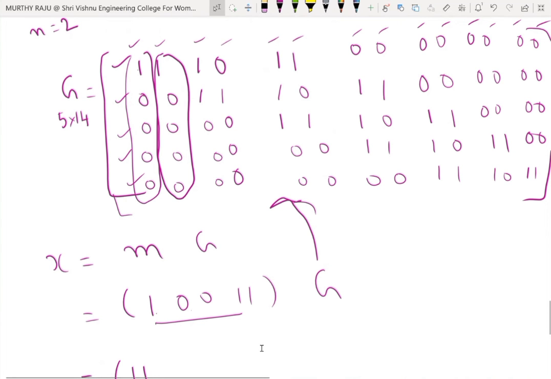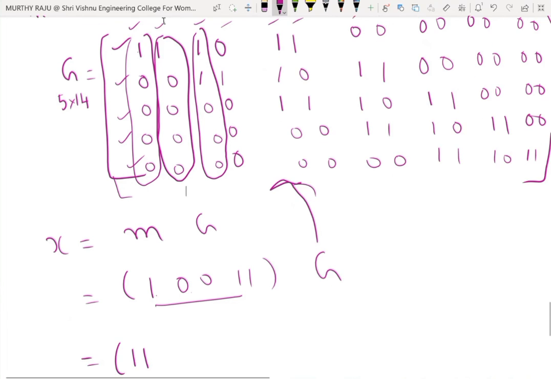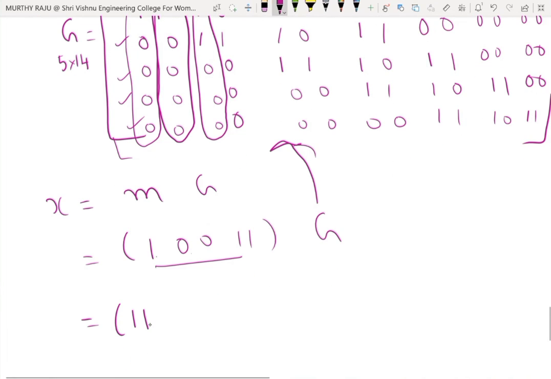Next one, the third column is multiplied with this message vector: 1 into 1 1, 0 into 1 0, 0 into 0 0, 1 into 0 0, 1 into 0 0. Therefore, again we will get 1.